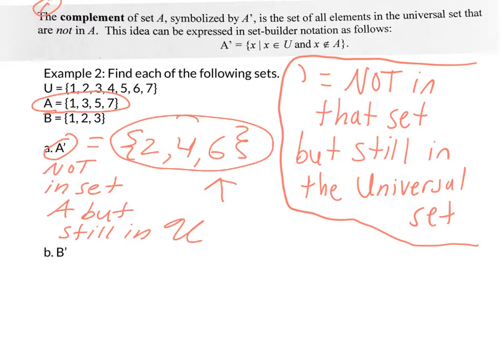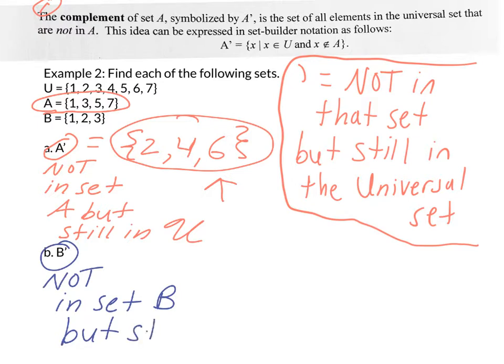Let's try another one. If we look at B, it wants B complement, because I see that little apostrophe attached to B. So putting it together, this actually means what's not in set B, or the opposite of set B, but still in the universal set, of course. But still in that universal U set. So B complement, well, if I look at B now, B has 1, 2, 3 in it.